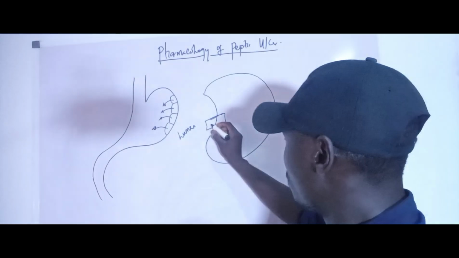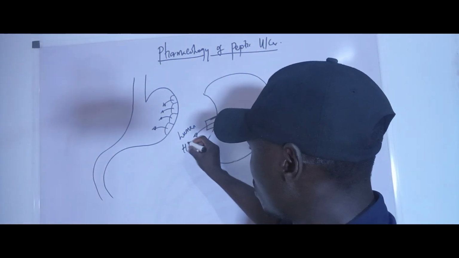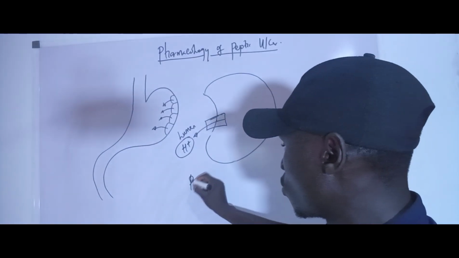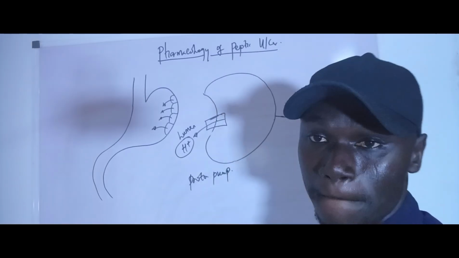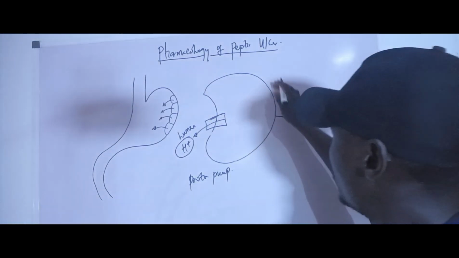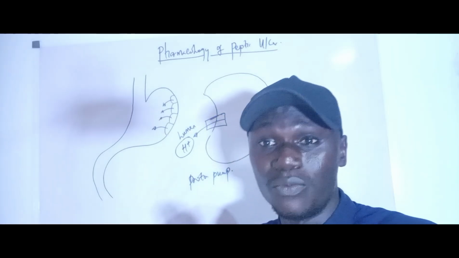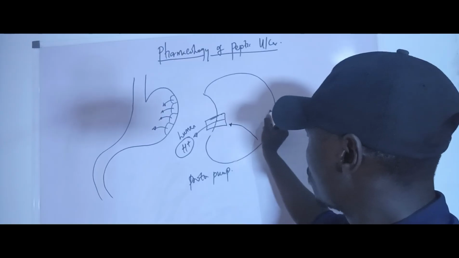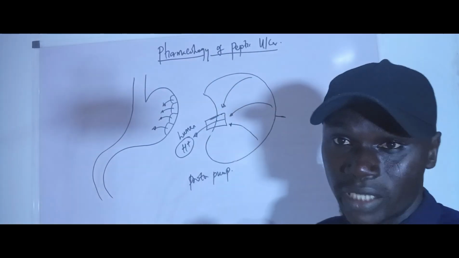So I will label this one as the pump that pumps proton into the lumen, for short, the proton pump. Then on the basolateral part, there are about 3 receptors that when they get stimulated, have the ability to pass the signal down to this proton pump to in turn stimulate it.